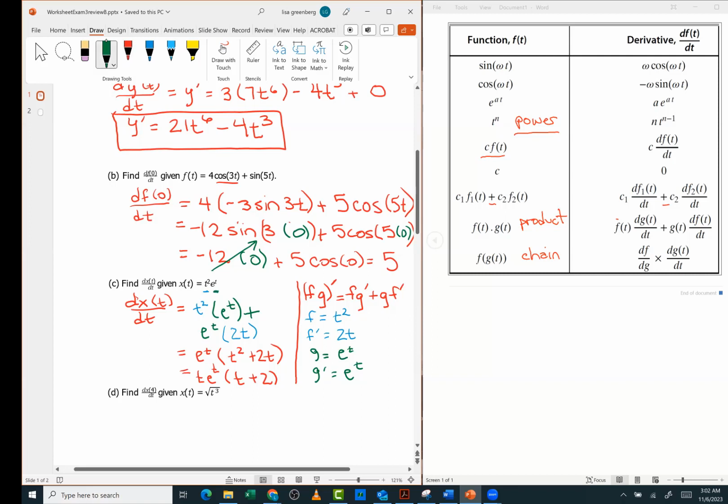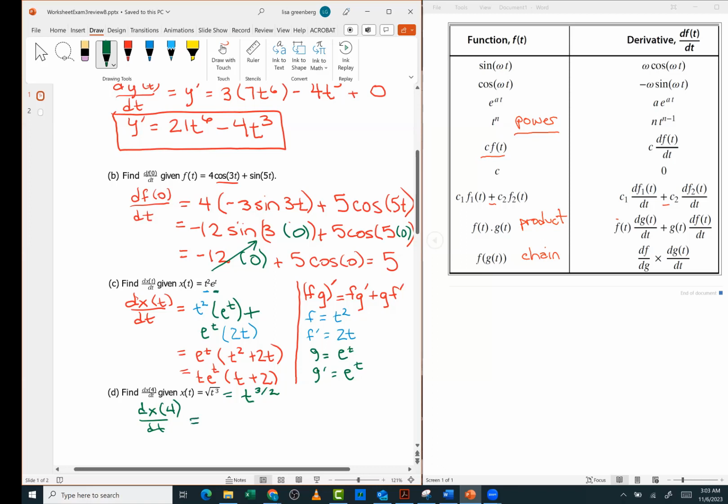Last problem. Find the derivative of this x of t when my t is 4. First thing I want to do, though, is turn the square root of t to the third power into t to the 3/2 power. Now I can just use my power rule.